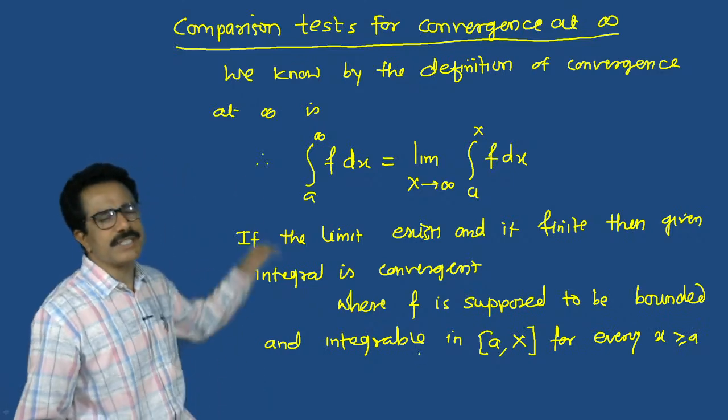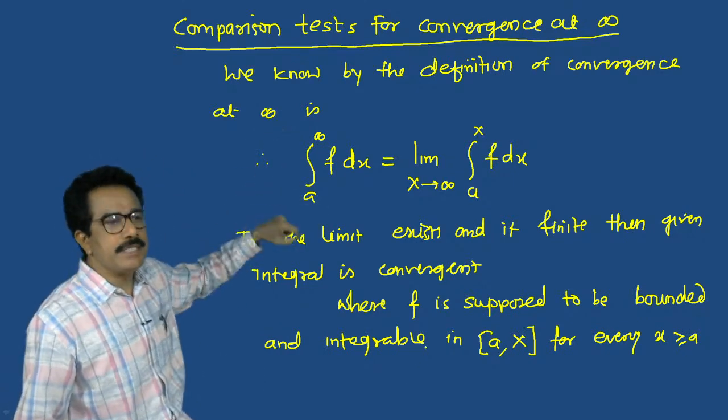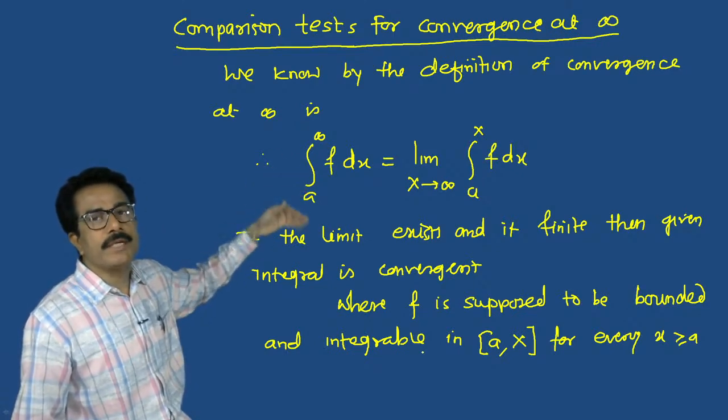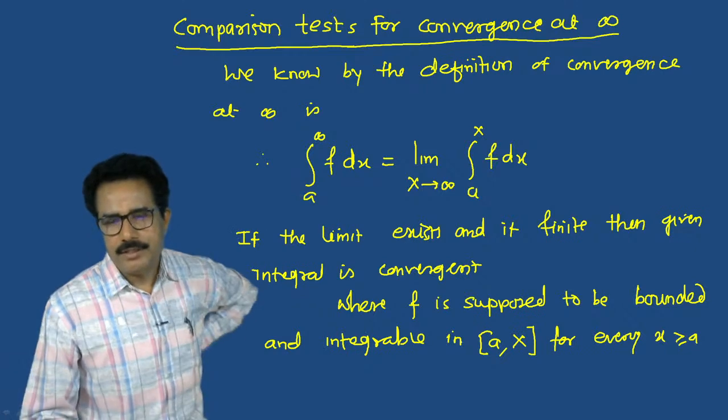This is the condition which we have studied in this section, that is improper integral having infinite range. So already we have defined. Now we have to study one theorem, that is a comparison theorem, which we have to discuss here.